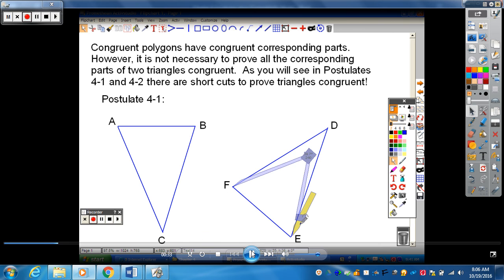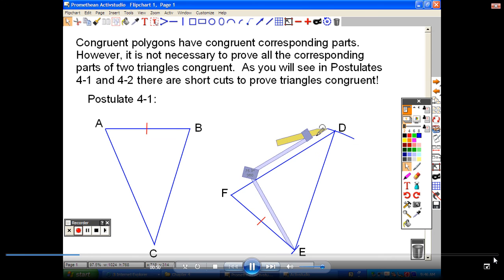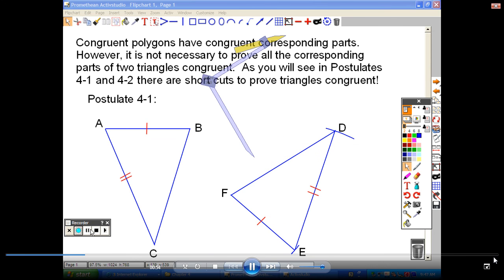And so what I'm doing here is comparing the length of AB to the length of EF. And as you can see, those two lengths are the same to each other, okay? I'm going to take a look at the length of AC, and I'll compare that to the length of ED. Oh, and they're the same length as well, okay? And then I'm going to take a look at the last side that we have here. So the length of BC, is it the same length as FD?